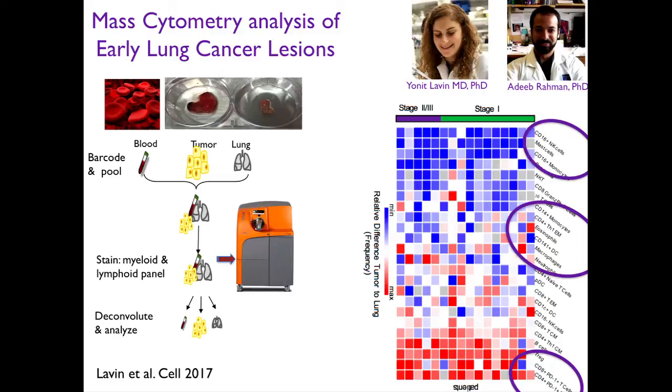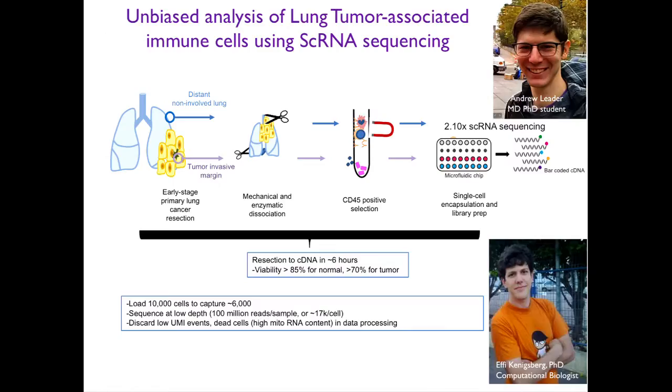So what we decided to do is develop an unbiased mapping approach by which these tumor lesions would now be analyzed using single-cell RNA sequencing, which in fact can be done regardless of preconceived knowledge. And using the same strategy that we used for mass cytometry, we collected the tumor and the adjacent tissue.